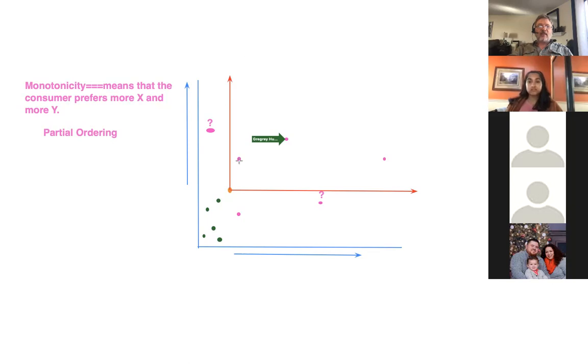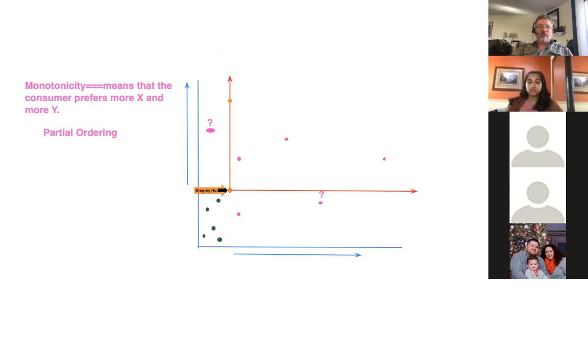So if I was to take a point, let's say here, that's right on the boundary, another orange point, it's got more Y and just as much X as the original orange point.